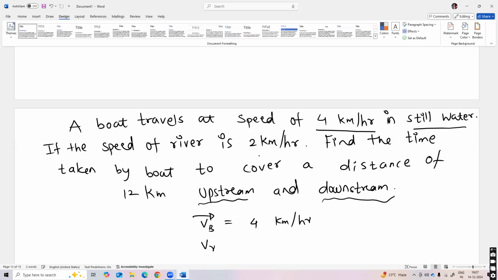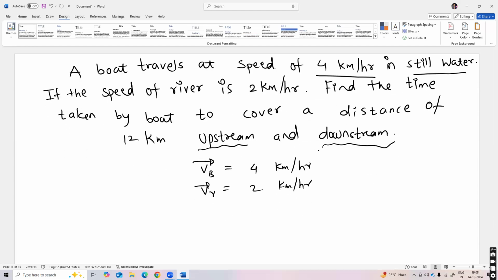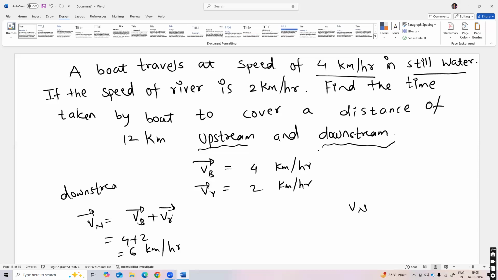The net velocity of the boat, if you go in the downstream direction, means in the direction of the river, will be VB plus VR. Let's write Vn as net velocity. So it will be 4 plus 2, that means 6 km/h. This was the downstream case when both are moving in the same direction.